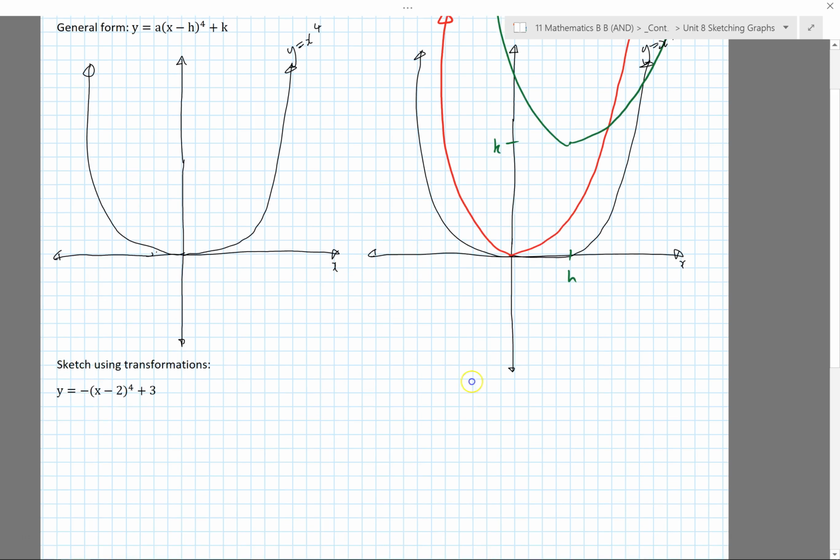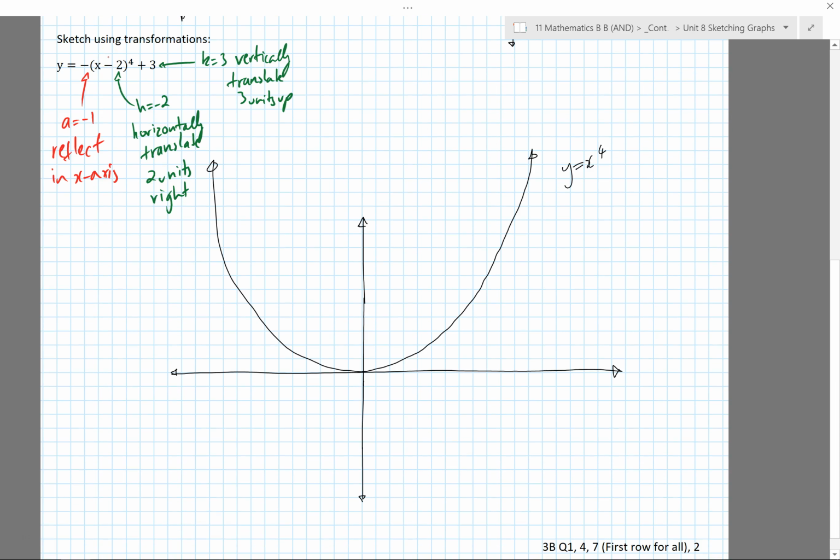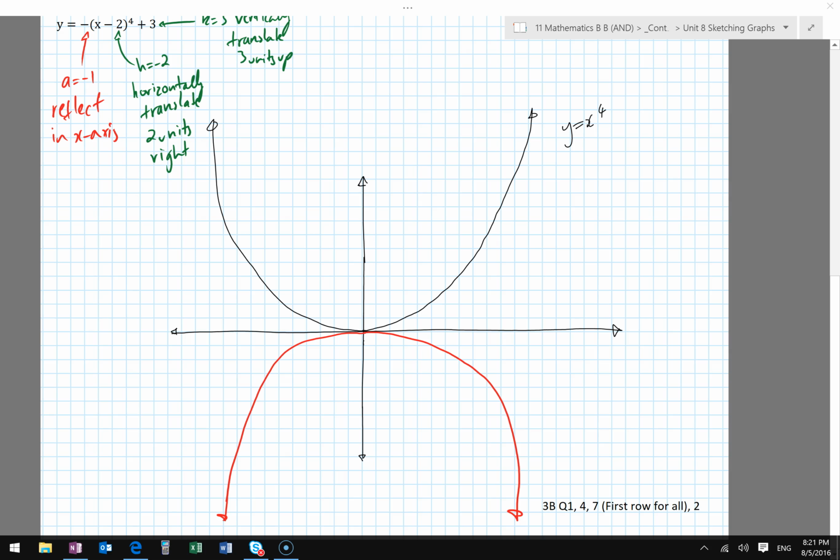Okay, so let's have a go at sketching our last example. So I look at my function, I've got an a value of minus 1 because there's a negative out there, which means I'm reflecting it in the x-axis, so flipping it vertically. So mirroring this shape, but upside down.